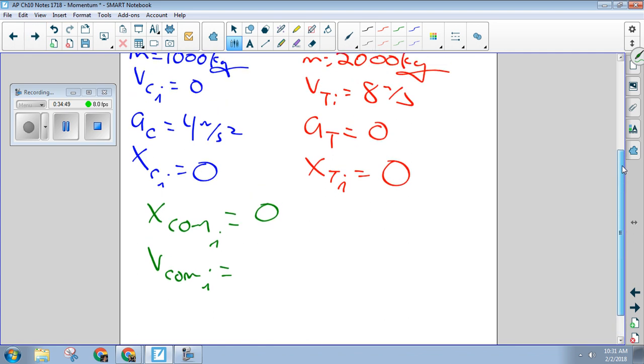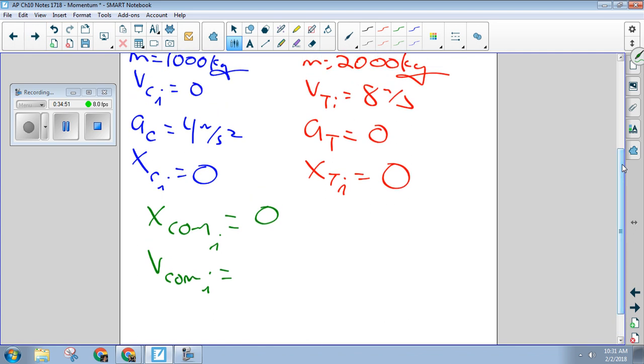So I'll write out the equation. It's the mass of the car times the velocity of the car initially, plus the mass of the truck times the velocity of the truck initially, over the mass of the car plus the mass of the truck.